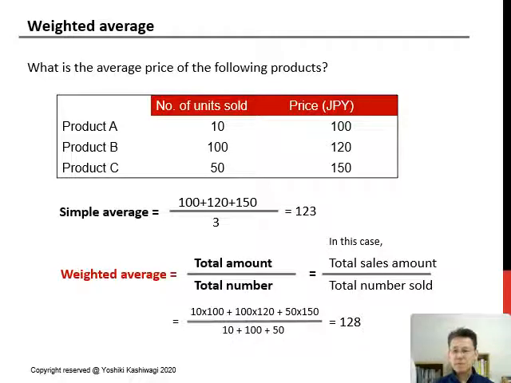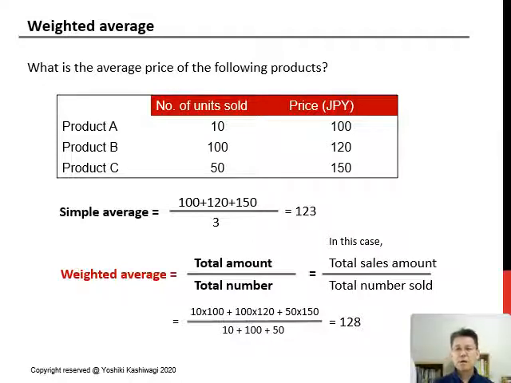But again, is this a real average number for the total product? What do you think? If you look at the number of units sold, they are not the same by product. Product A is 10. For product B, it is 100.